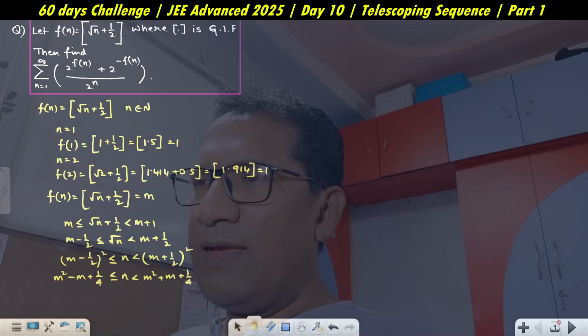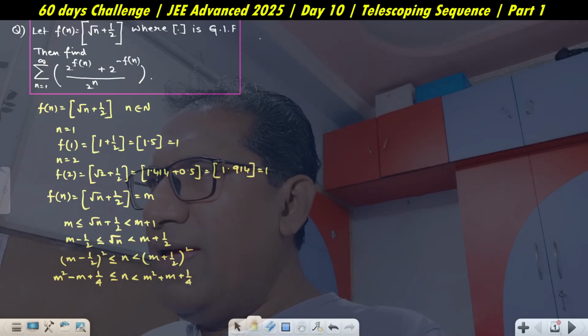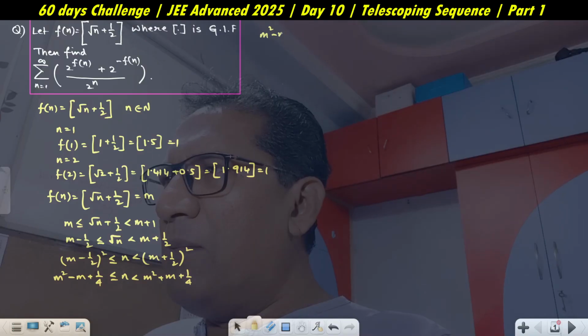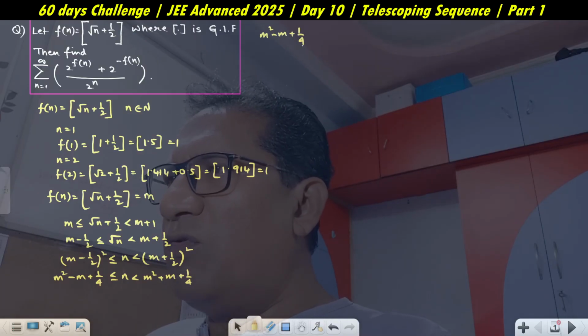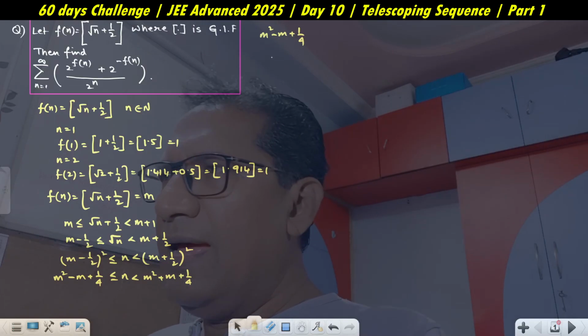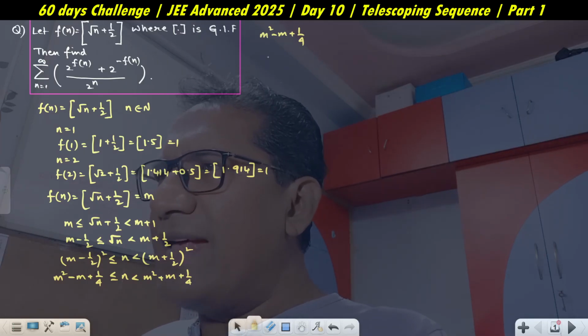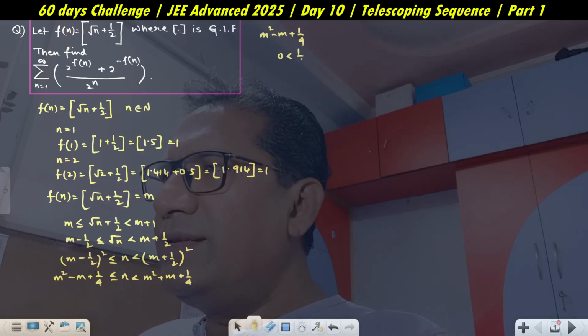Okay. Now, m square minus m plus 1 over 4, this can also be written as, we all know that 1 over 4 is greater than 0 and less than 1.